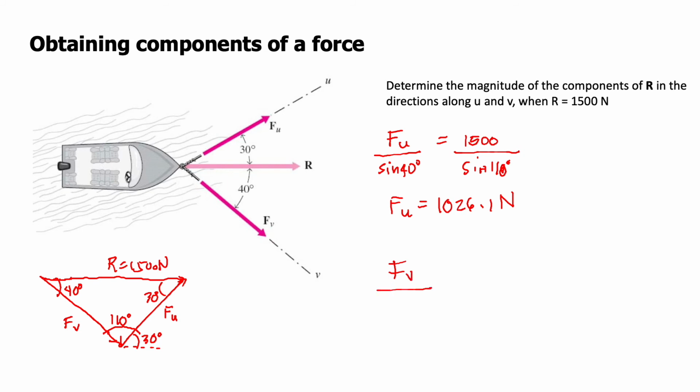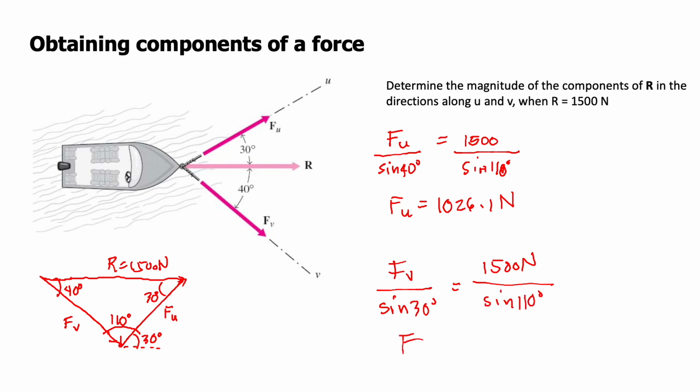And then for Fv, over the sine of the angle opposite it. The angle opposite Fv is 30 here. So we can write sine 30 degrees, which is equal to, again, 1,500 newtons divided by sine 110 degrees.